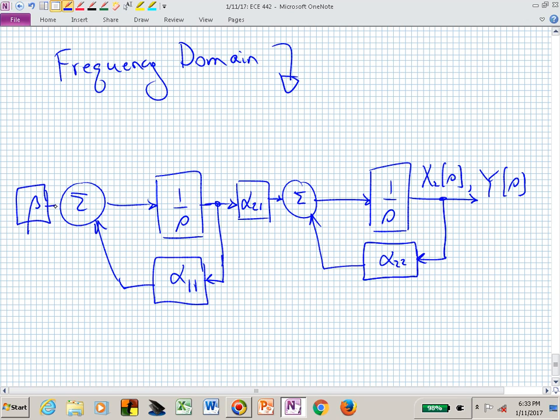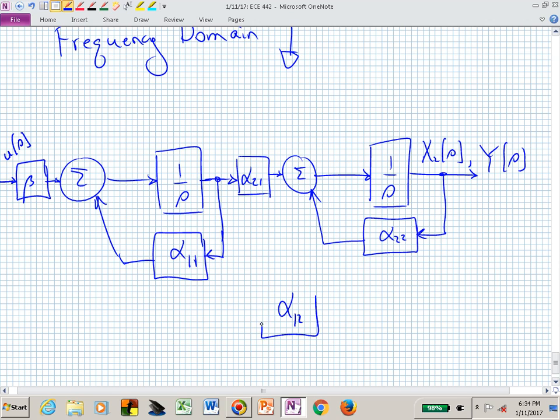We had our beta here. And we have one more coefficient, this alpha 1-2. And this particular signal is x1 of s. There's a frequency domain block diagram description of that same RC circuit, second order.